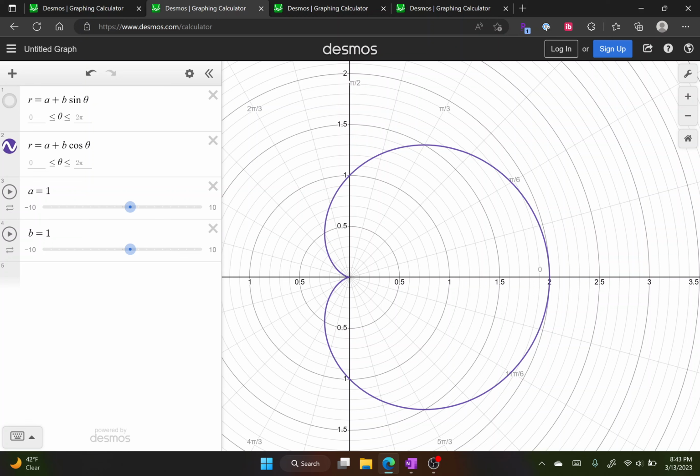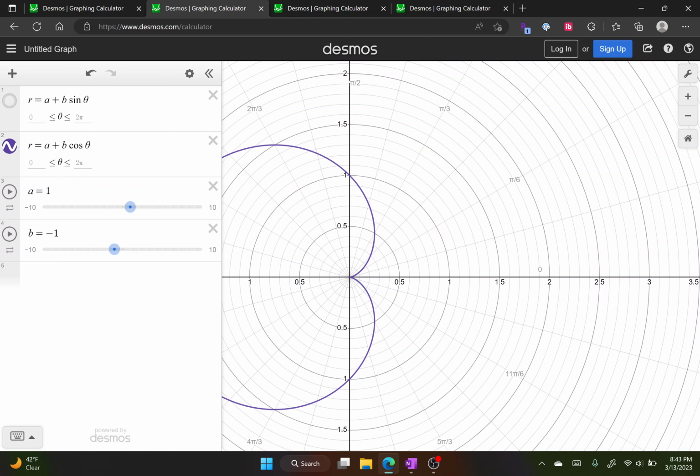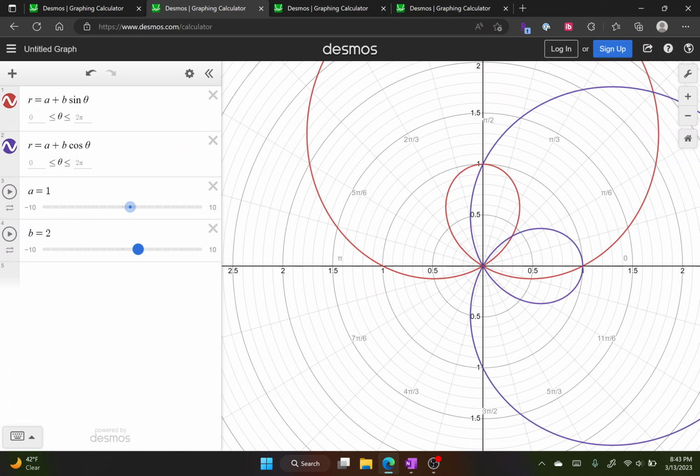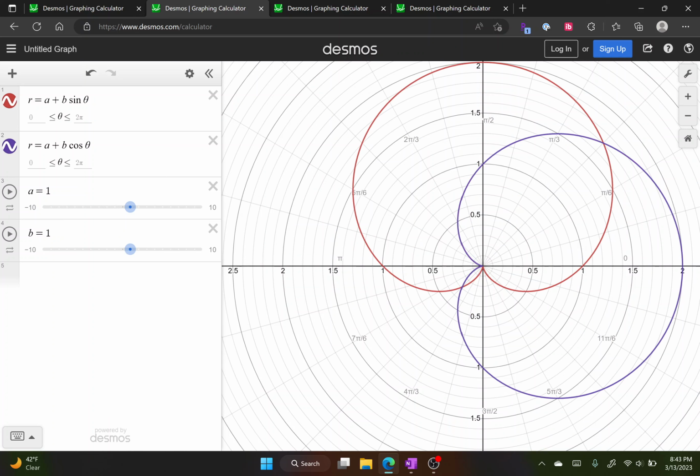The sign of b, the coefficient of your sine or your cosine, is the one that matters. When we change b from +1 to -1, the majority of the graph is going to be to the left of the y-axis. And then with sine, if b is negative, most of the graph will be down, whereas if b is positive, the graph will be up.